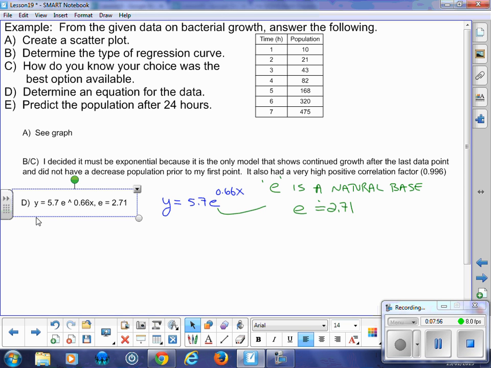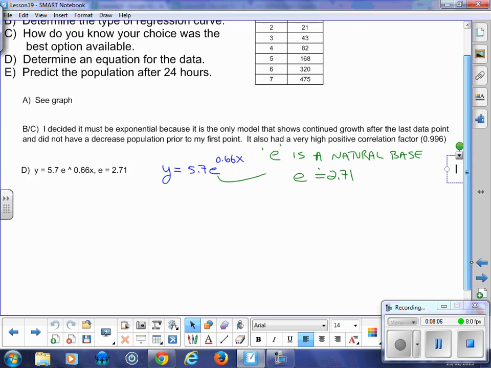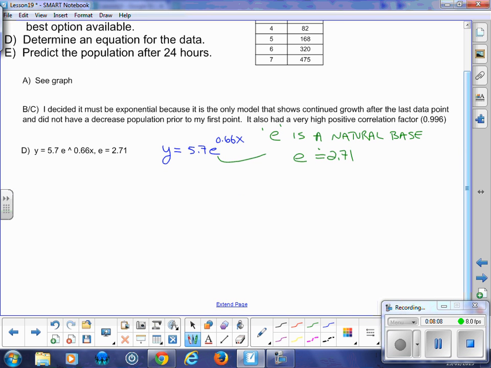Okay, so then the next part is making a prediction with the model that you came up with. So we are going to answer right on the page here. We're going to let x equal 24.